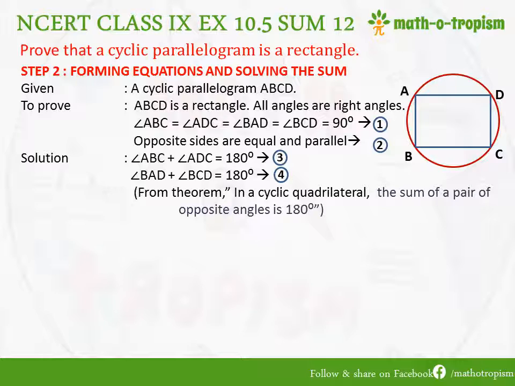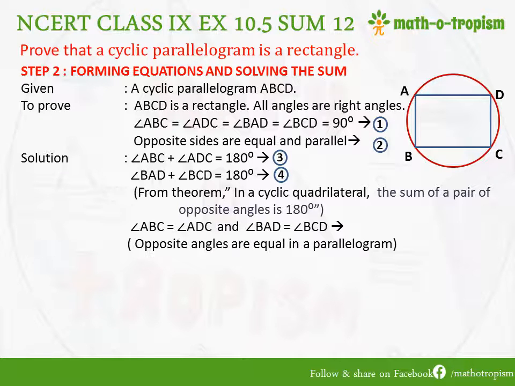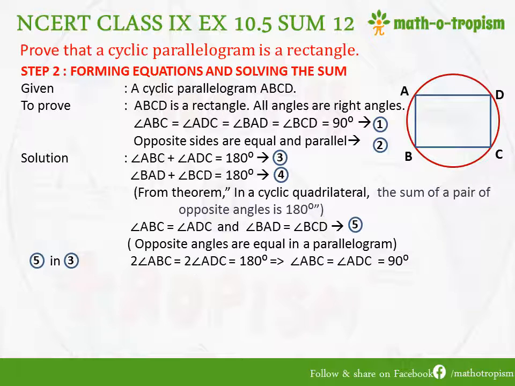And next, we know that angle ABC will be equal to angle ADC and angle BAD will be equal to angle BCD, since opposite angles are equal in a parallelogram. So we'll keep this as equation 5. So substituting 5 in equation 3, we can see that twice angle ABC is twice angle ADC, which is equal to 180 degrees.